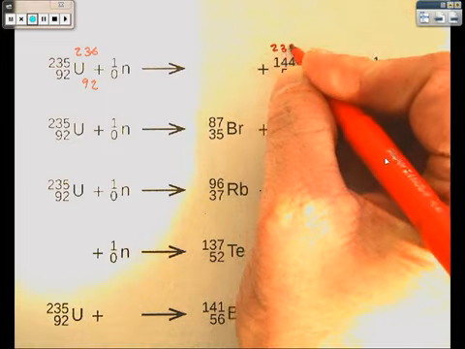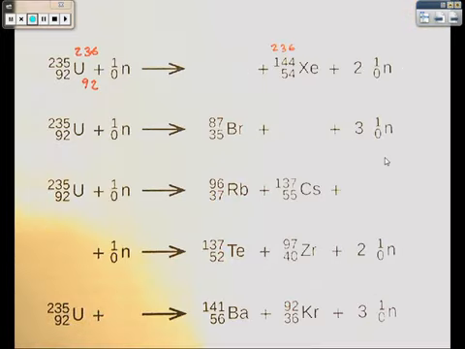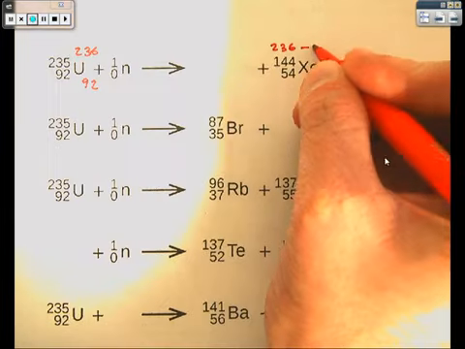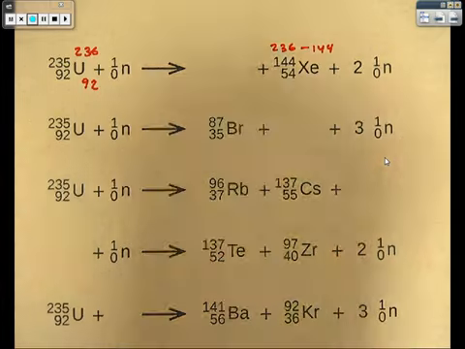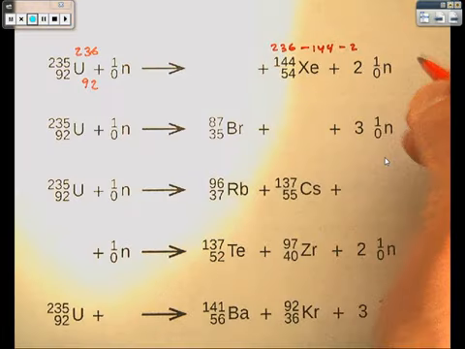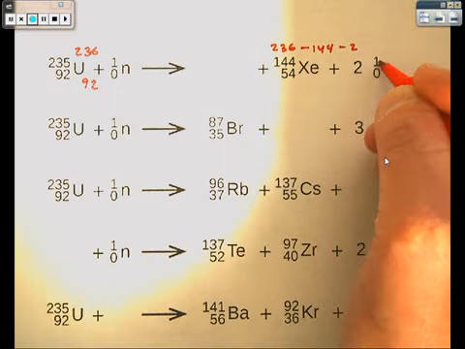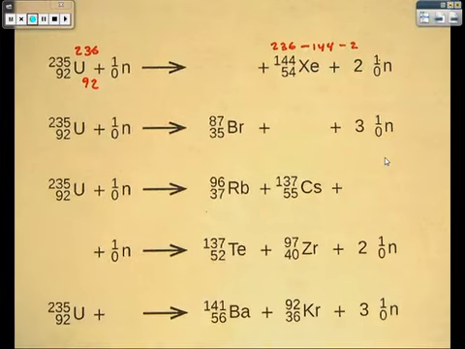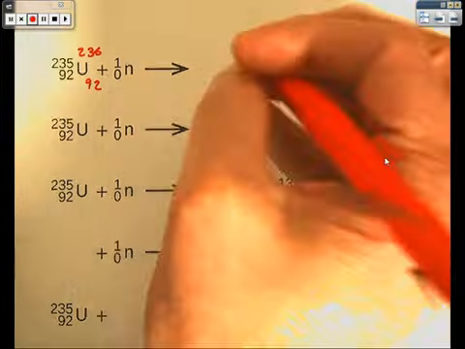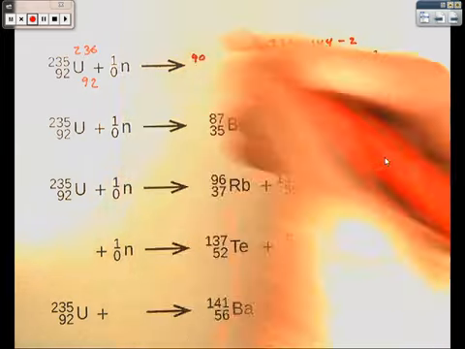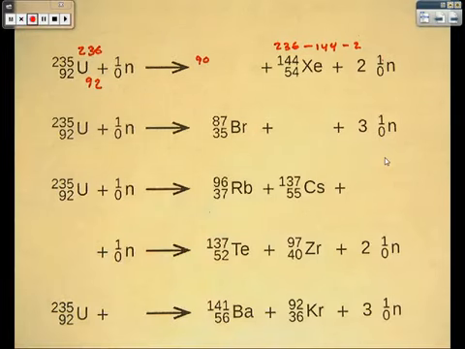We'll take 236, the mass from the product side, minus 144 from the xenon, minus 2 from the neutrons. 2 times 1 gives us that 2 that we're going to subtract there. So 236 minus 144 minus 2 is 90.